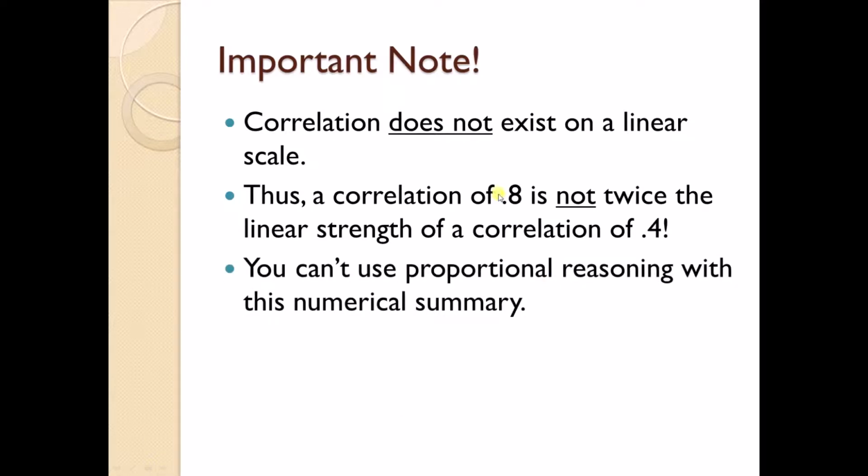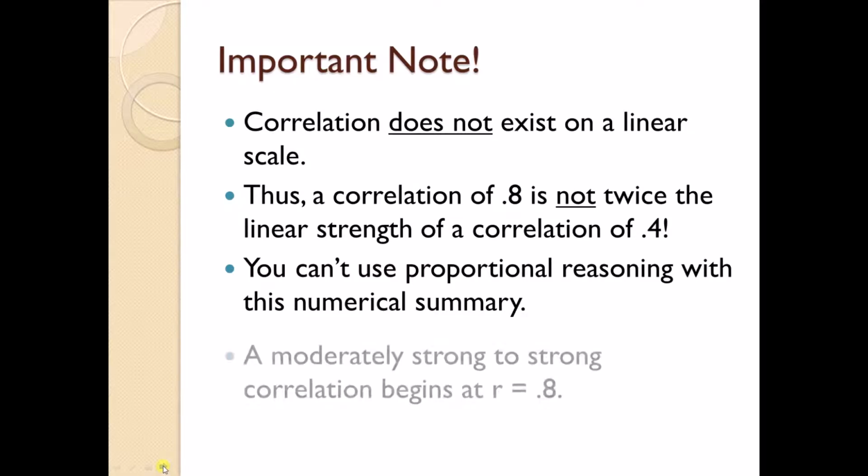Now, we will come up with a measure that's similar to correlation where you can do proportional reasoning, but not with R. No proportional reasoning with this numerical summary. But you can say this is a lot stronger linear relationship at 0.8 than it is at 0.4. It begs the question, what starts something that's a strong linear relationship?